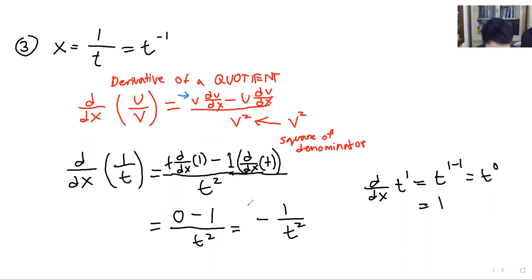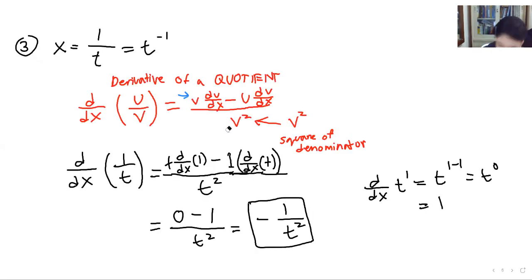All right. So can you solve that using the long method? Okay, so now we'll do it for 1 over t.